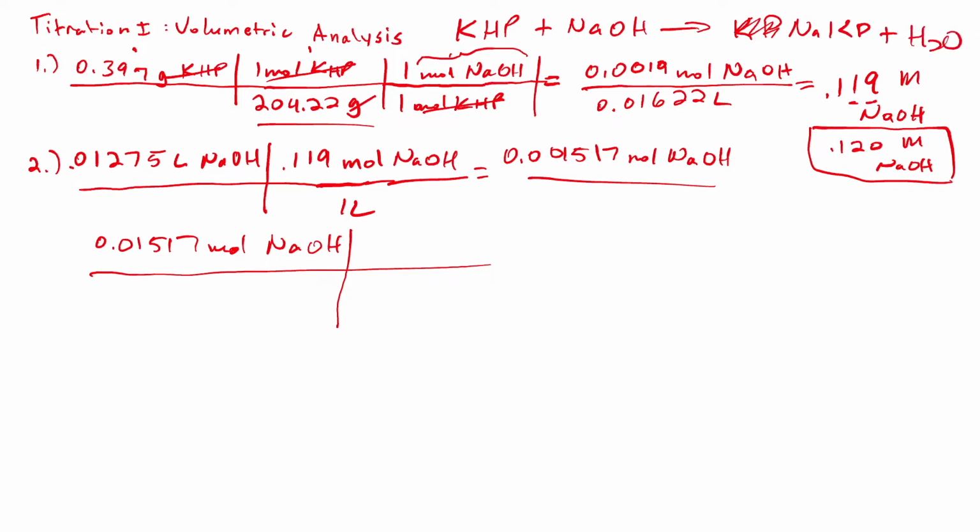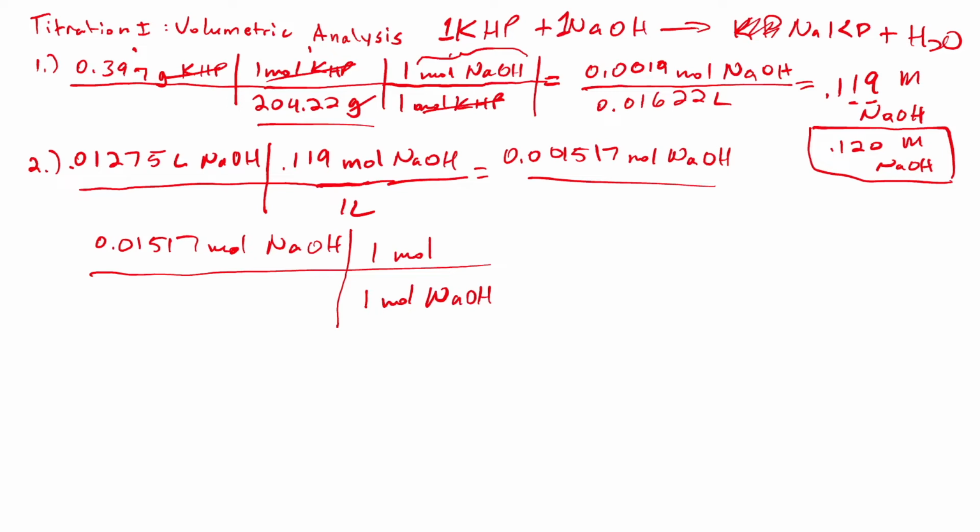So notice that in this neutralization reaction, we have 1 mole of KHP to 1 mole of sodium hydroxide. So you can write that down there in the dimensional analysis. For every 1 mole of NaOH, you get 1 mole of, oh sorry, this is the KHP one.